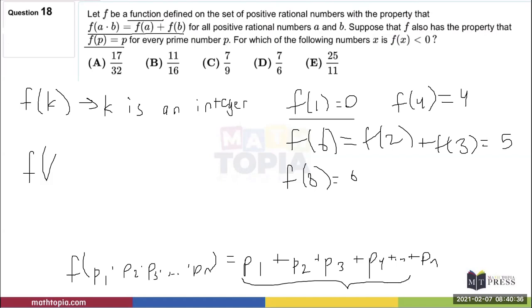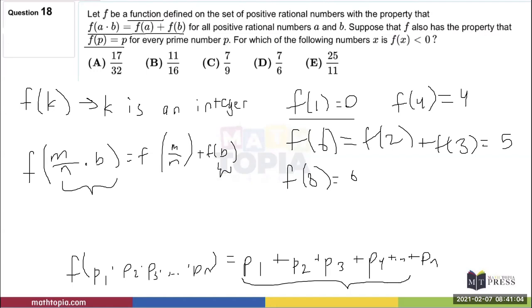Well, maybe what I'd try doing first is substituting in a for m over n, right? Well, if we have m over n times b, that would be equal to f of m over n plus f of b, right? Now, here's the thing. m over n is going to be the fraction that we're trying to find the function of. And if b is an integer and m over n times b is also an integer, then we can just subtract the two and we'll get f of m over n.